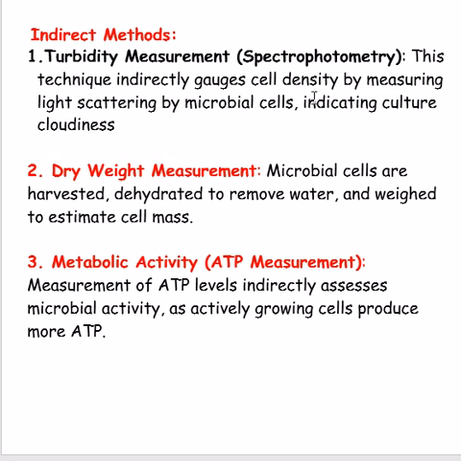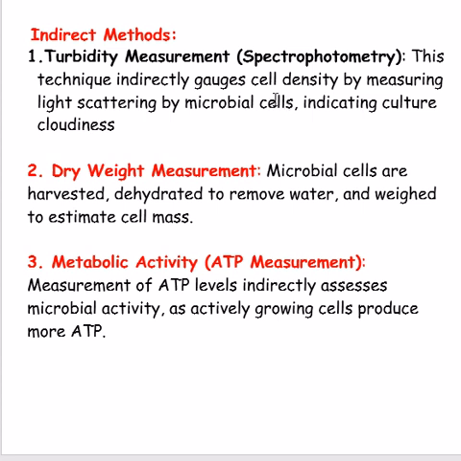So the spectrophotometer measures either light absorption, which we call OD, optical density, or transmittance, that is the amount of light that was allowed to pass through the system. You can use that measurement over time to gauge whether the microbial cell population is increasing or decreasing, and invariably it's measuring the turbidity.